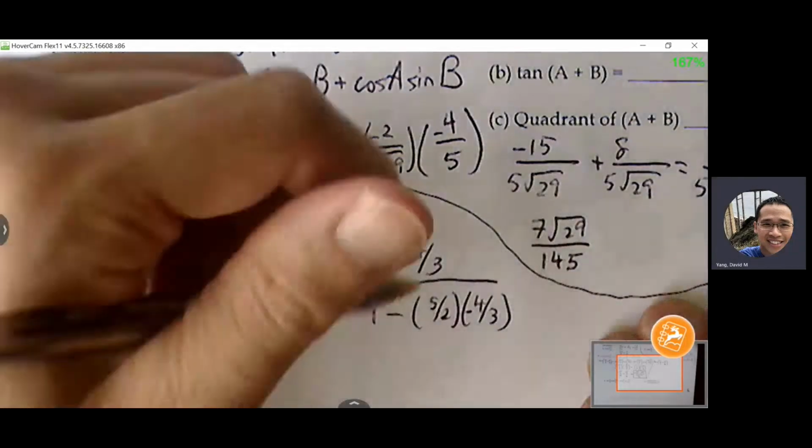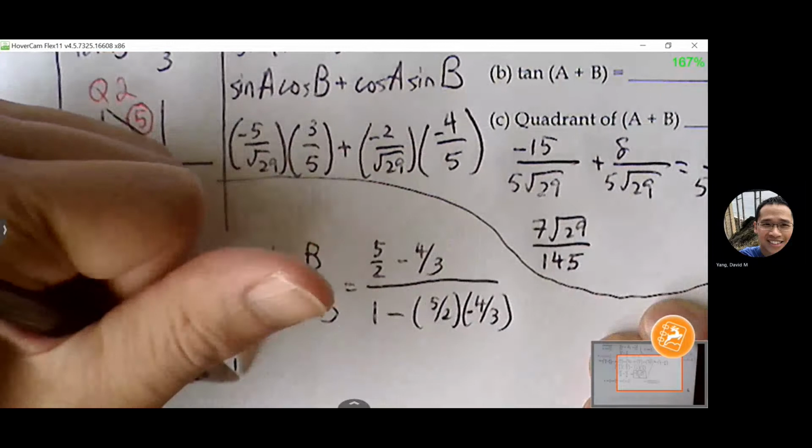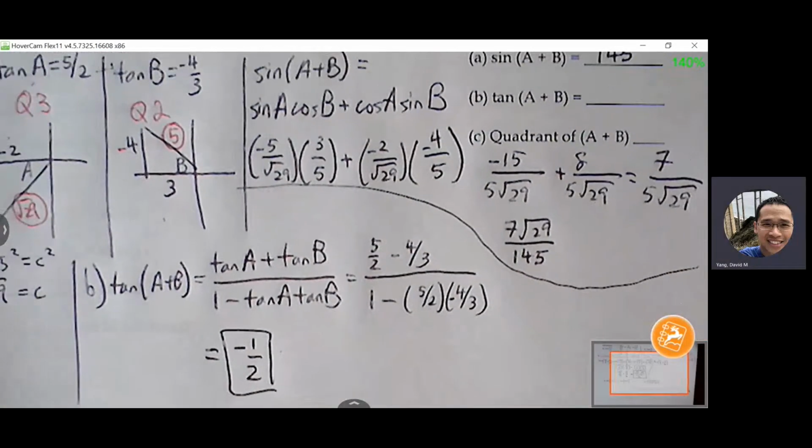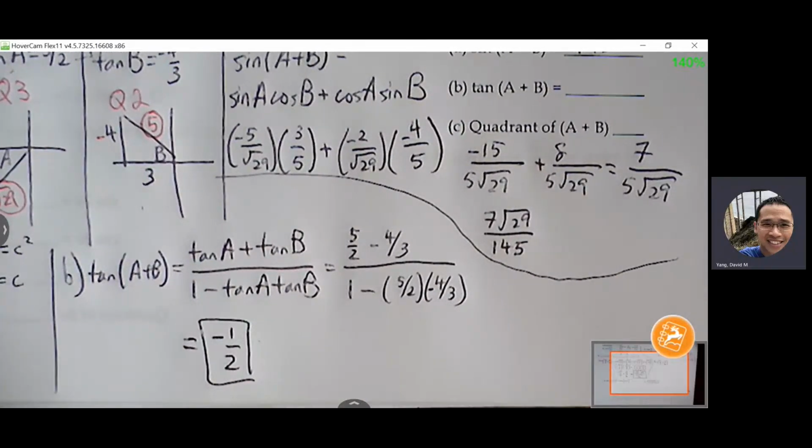I got -1/2. Is that what you guys got? You guys confirm? Oh, wait a second. Oops, should be plus. 7/26? I think that should be right.